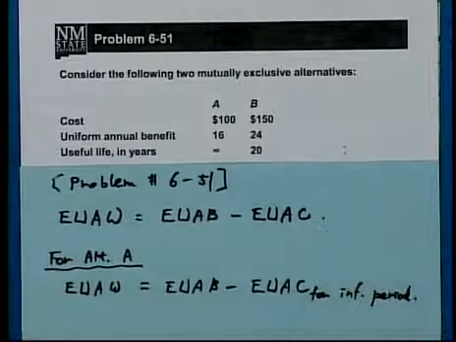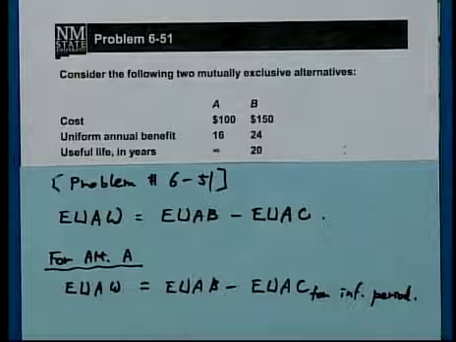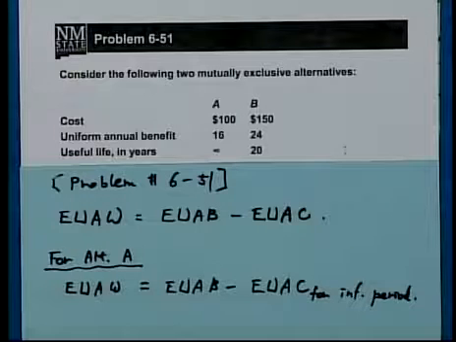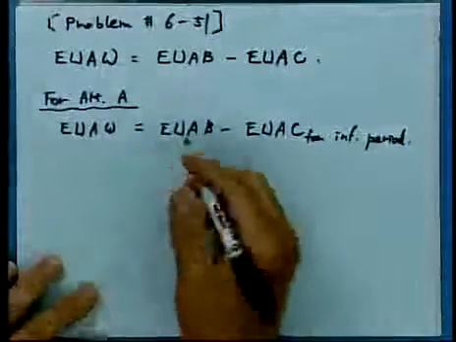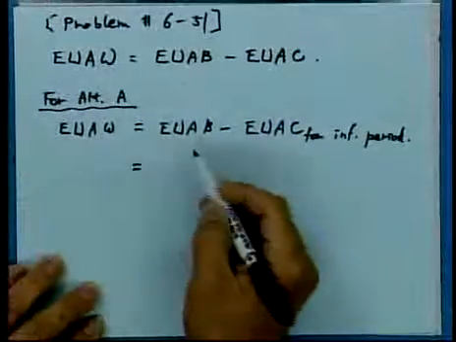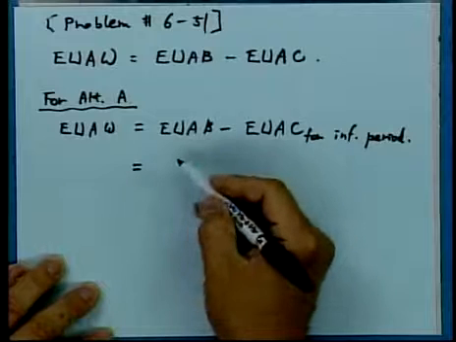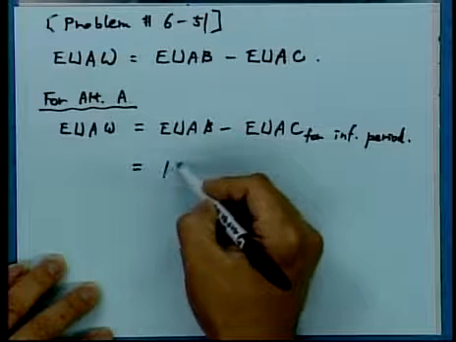Okay. So here, equivalent uniform annual benefit would be $16.